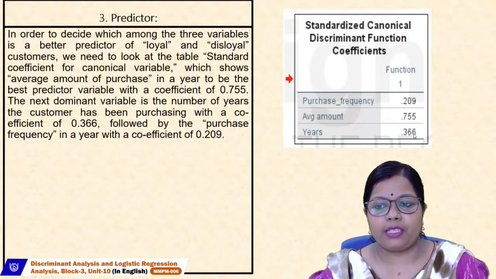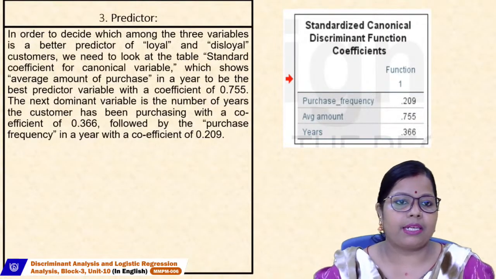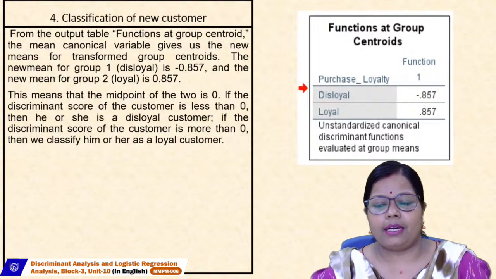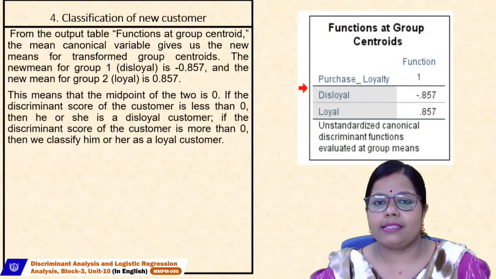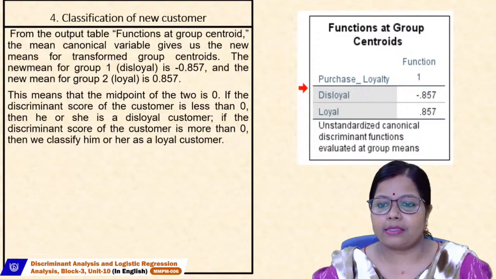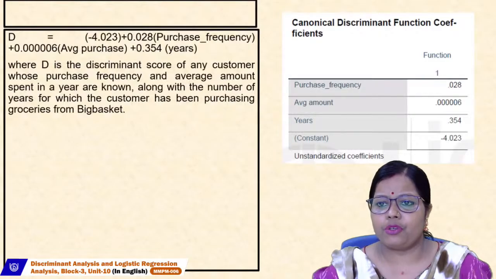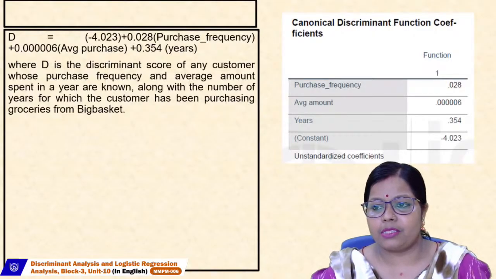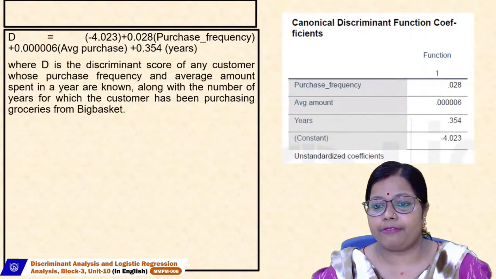The analysis shows good results in the standardized canonical discriminant function coefficients. For classification, as we have only 2 groups, we can say disloyal has a negative value, which is a negative impact. For the canonical discriminant function coefficients, we can see that average purchase frequency is 0.028, average amount is 0.0006, and years is 0.354.